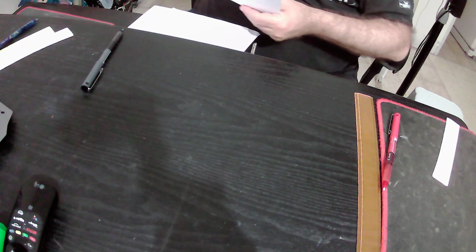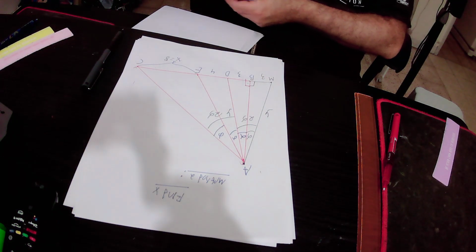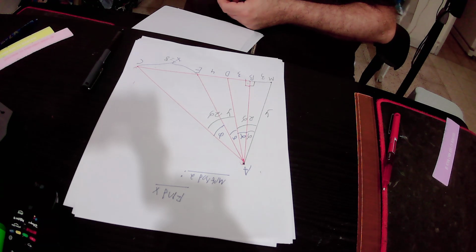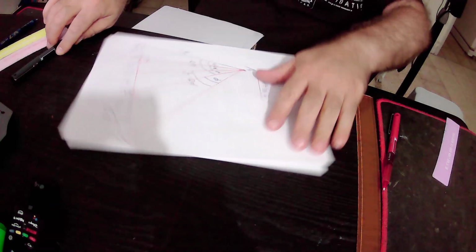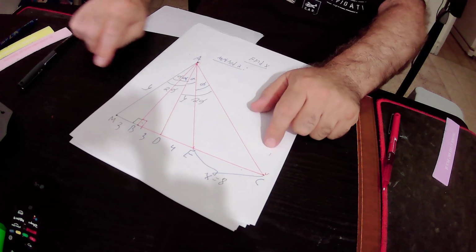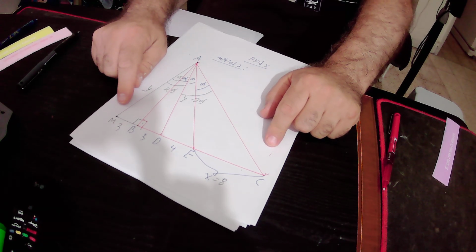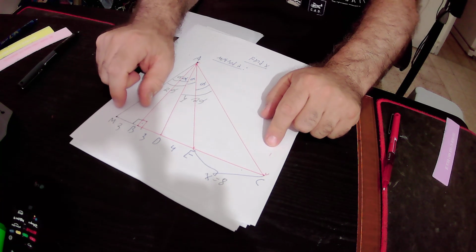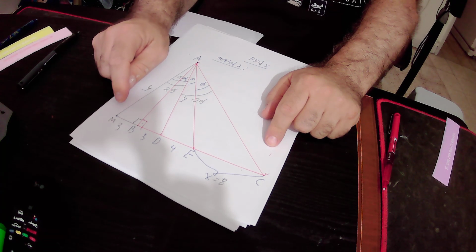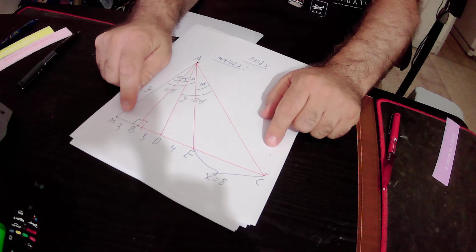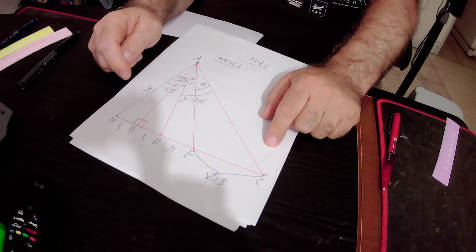In the second method, we extended BD by 3 units in such a way that MB will be equal to 3 units, so MB equals BD, which equals 3 units.